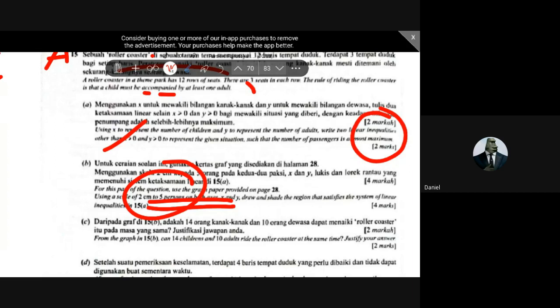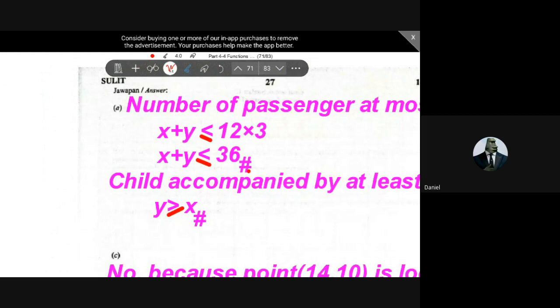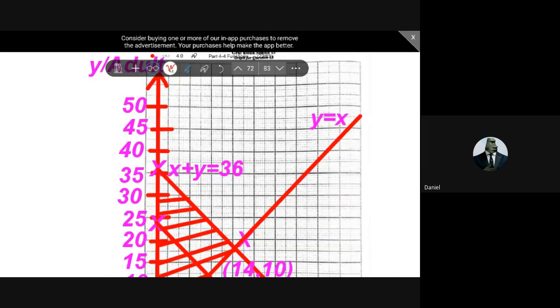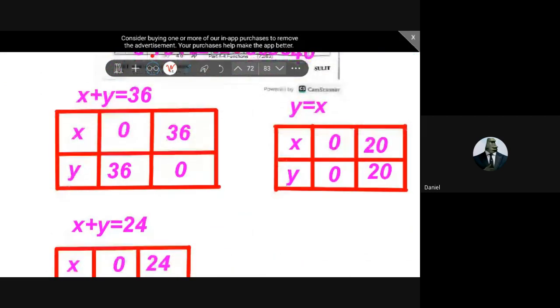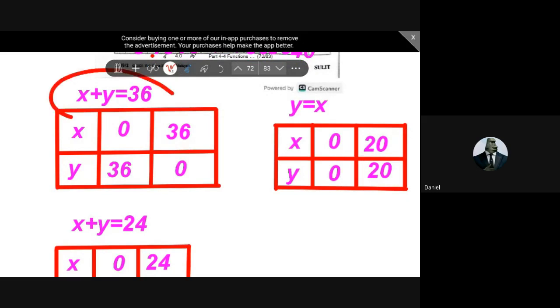Okay, so itu perkara yang pertama. So okay, now we go to the graph. Okay, this one. Okay, so tadi kamu bentuk dua-dua persamaan ni kan. You all gave me these 2 equations, right? For question A. Okay, so macam mana, how can you actually plot the graph?